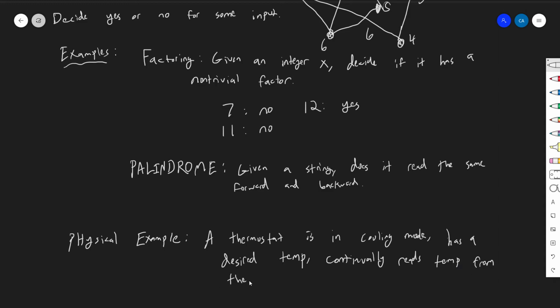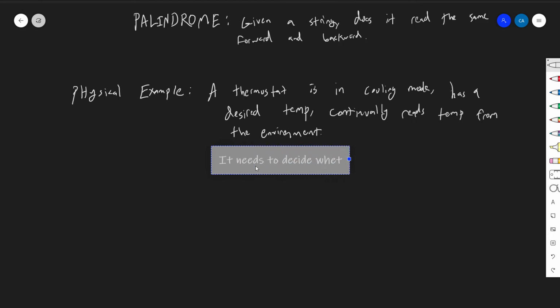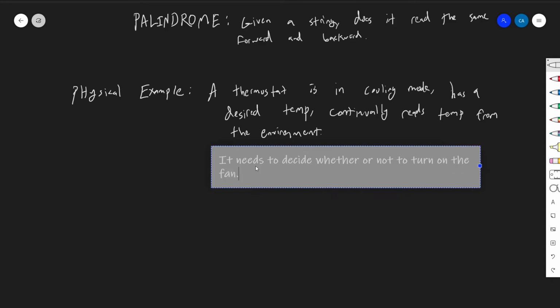So it's getting input from the environment. And what does it need to decide to do? It needs to decide whether or not to turn on the fan. It needs to make a decision.